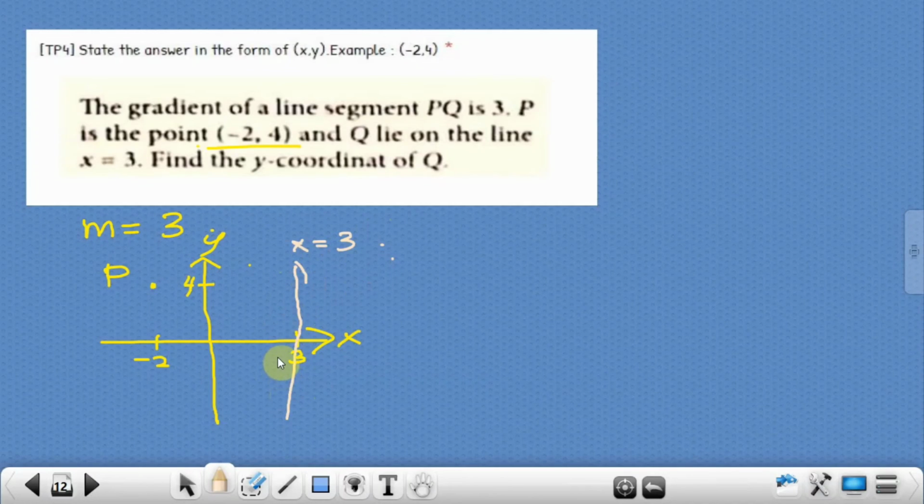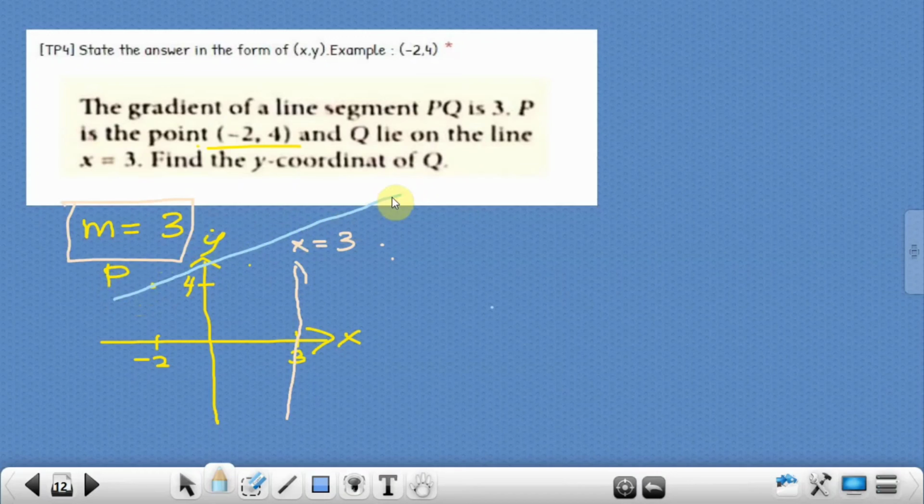Where is it? How do we know? The hint is the gradient. The gradient is 3, a positive gradient. It means the line must touch P, and if it wants to touch Q, because it is a positive gradient, it must incline up.